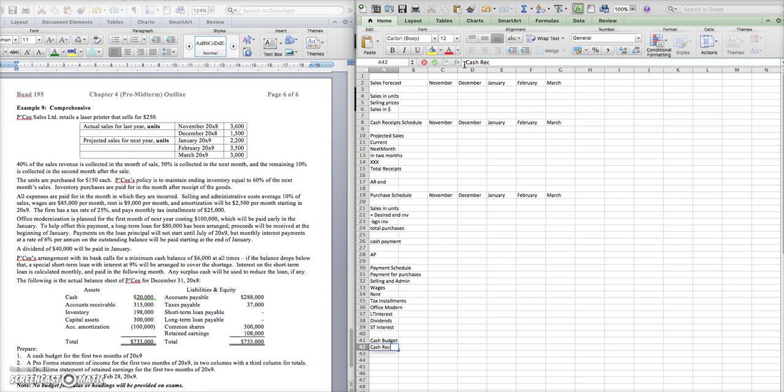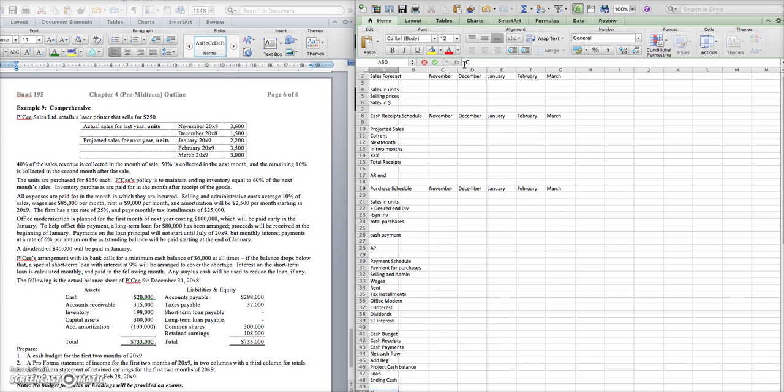So we have our cash receipts, less our cash payments, will give us our net cash flow. We want to add the beginning, take into consideration now our projected cash balance, any loans or repayments, giving us our ending cash figure, and of course we have a cumulative loan balance at the very bottom here.